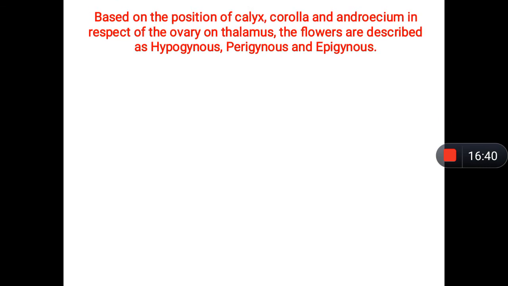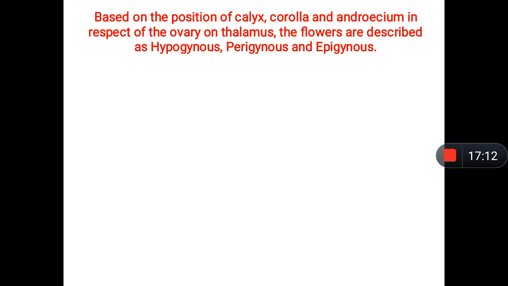Based on the position of calyx, corolla, and androecium in respect of the ovary on the thalamus, the flowers are described as hypogynous, perigynous, and epigynous. Now listen carefully. The position of calyx, corolla, and androecium in respect of the ovary.